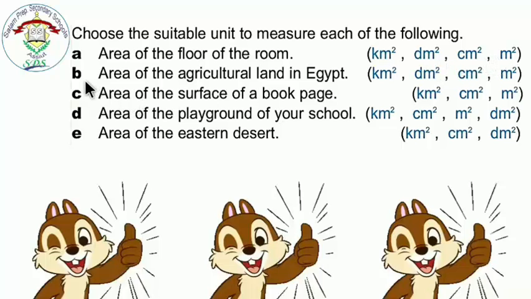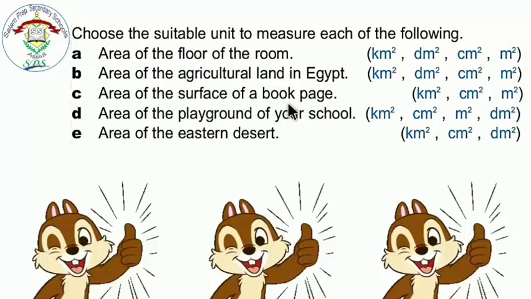The second one, area of the agricultural land in Egypt. We will use square meter. The third one, area of the surface of a book page.